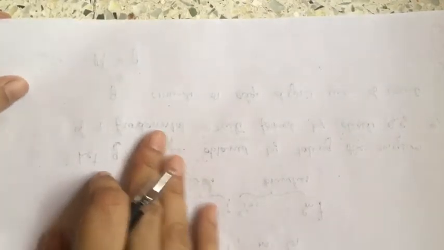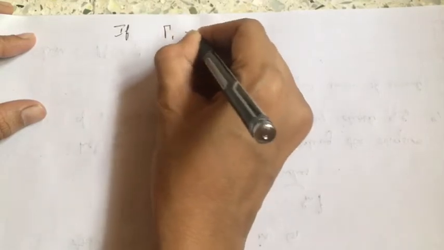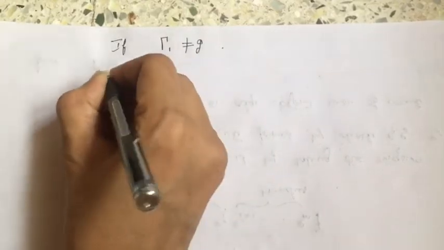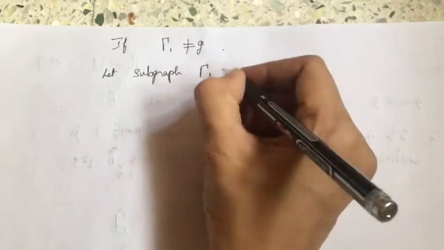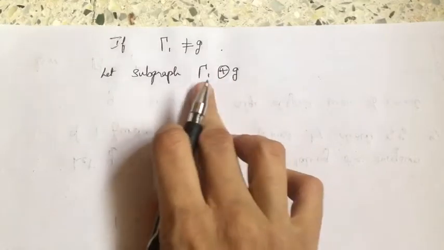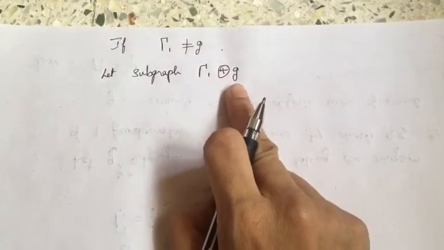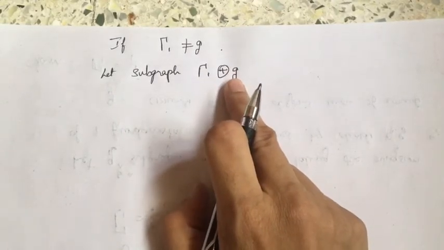That is, suppose gamma 1 is not equal to G. Then I'm taking a subgraph obtained by gamma 1 ring sum G. Since this is an arbitrary circuit and this is a ring sum of fundamental circuits, this is again a circuit or an edge disjoint union of circuits.